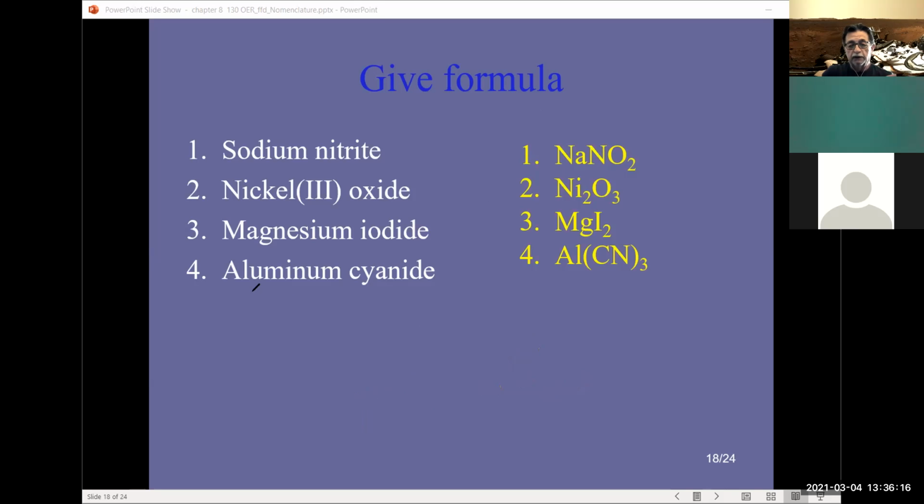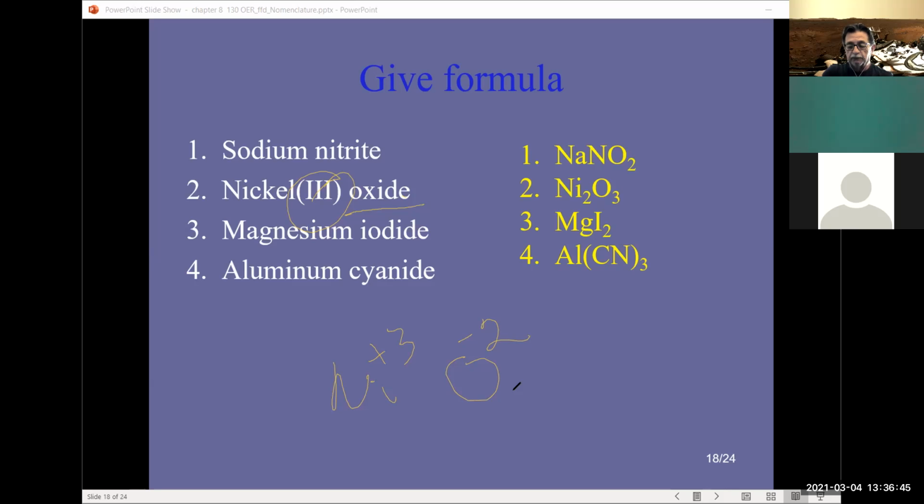Nickel, break it down. The Roman numeral tells us that we're dealing with a +3. The oxide, just by the name itself, oxide tells you that's the O2-, which I wrote down here.